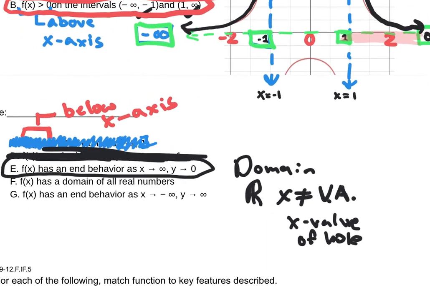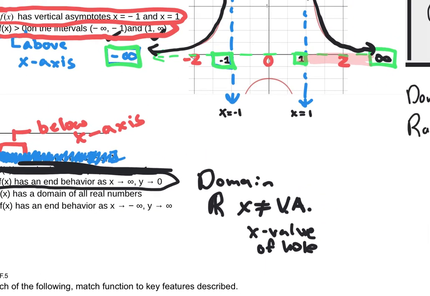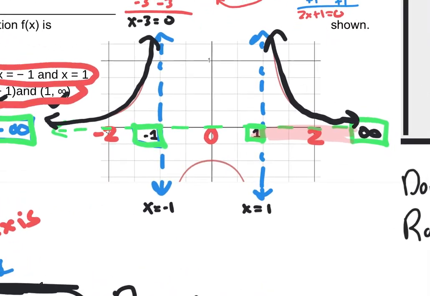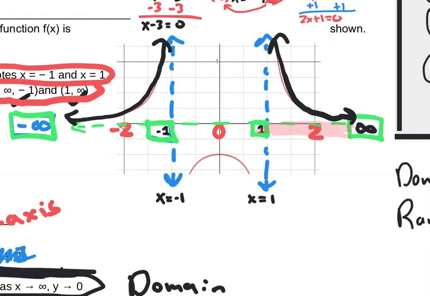So, it is equal to all real numbers, but it's not equal to vertical asymptotes and x value of the hole. Do I have vertical asymptotes on this problem? Do I have them? I do. So is it really a domain of all real numbers, or am I missing a few? I'm missing, what numbers am I missing on my x? What numbers can I not touch?